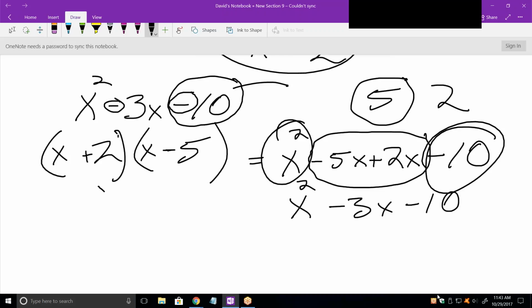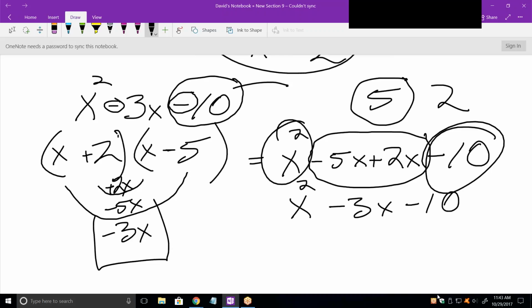What is maybe in a little bit of doubt is that middle term. And you get the middle term by the inside and the outside. That's the O and the I of FOIL. Well, that's 2x. That's minus 5x. Add them together, you get minus 3x. That's what we're looking at. We did it correctly.